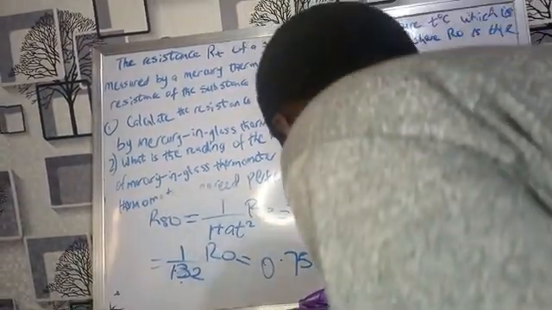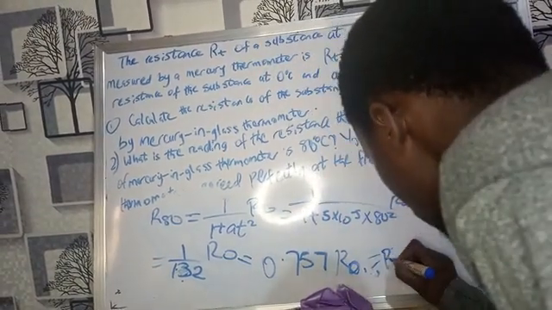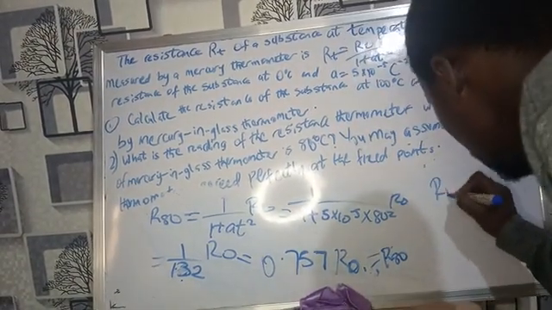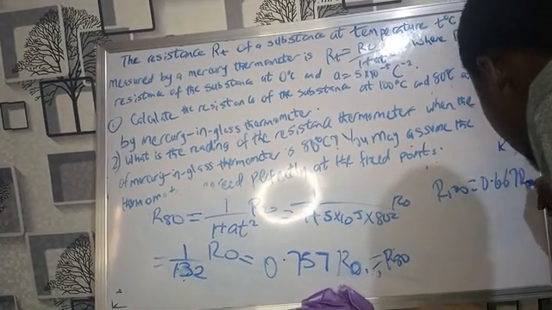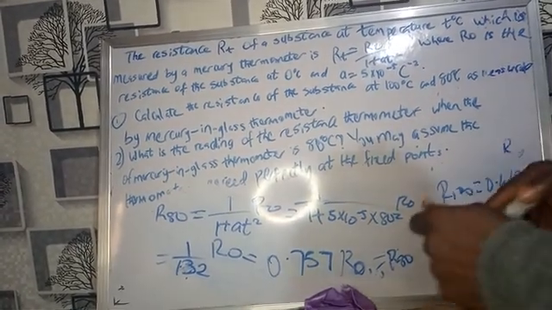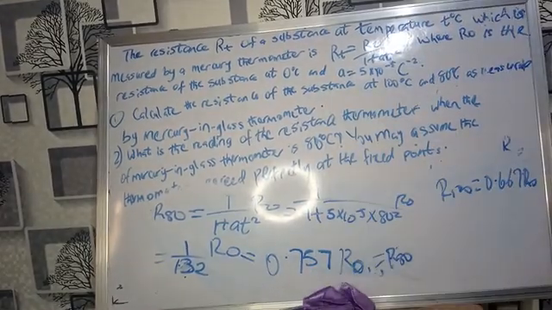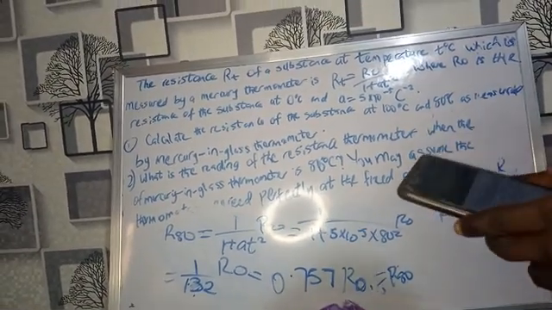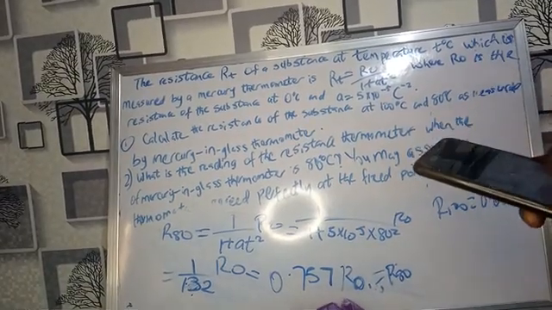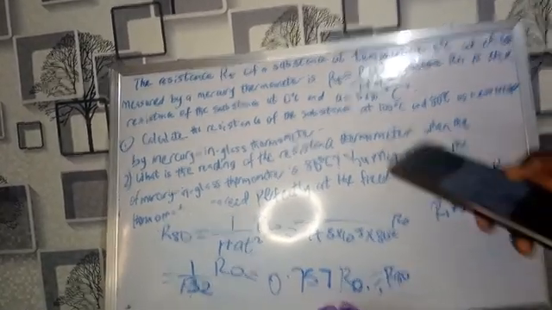Please remember that this is equal to R80. I remember that our R100 is equal to 0.667 R0. Right? So you have this. Now from our options, option A is given by R100 equals 0.667 R0.